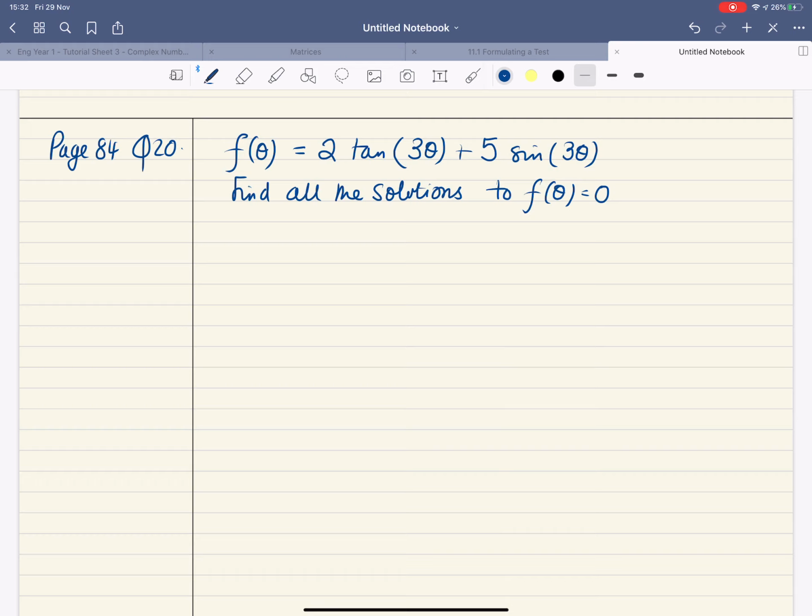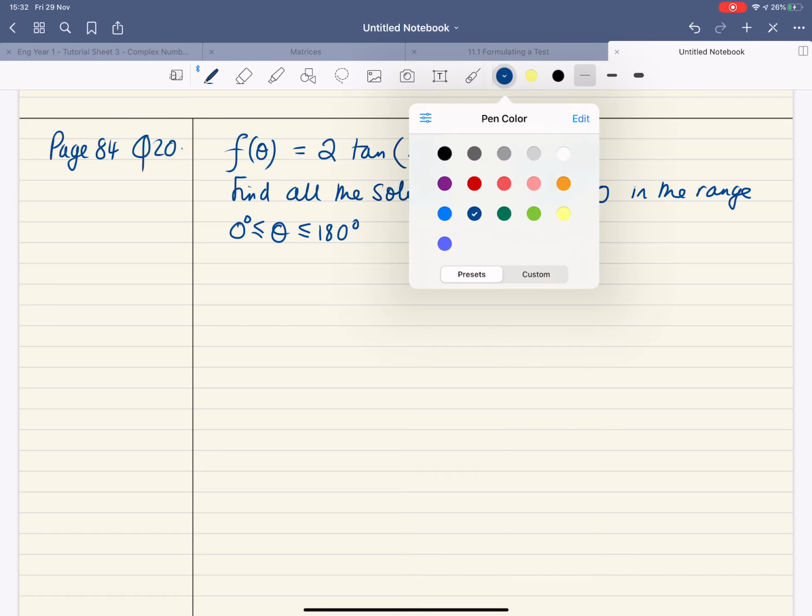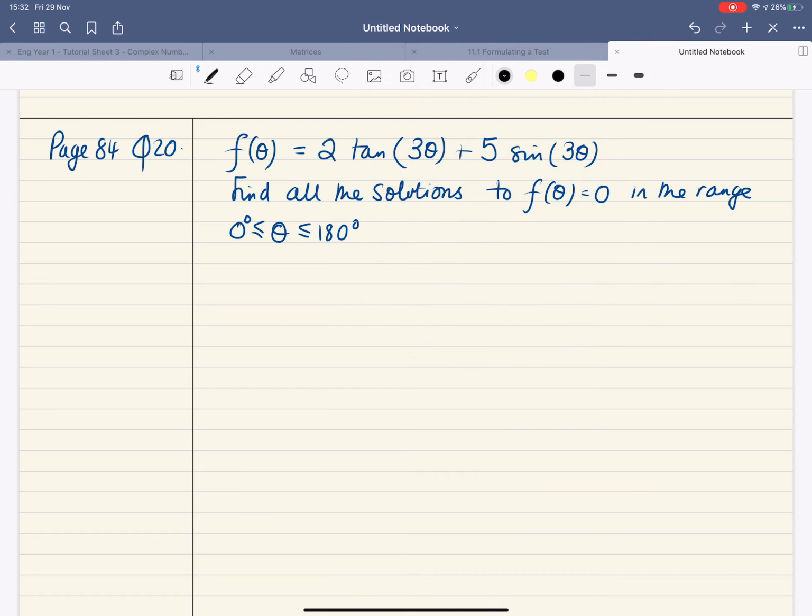So the way it's worded, in the range 0 is less than or equal to theta is less than or equal to 180 degrees. Okay. Right. So the answer to this one, we don't need A or B, it's already there.